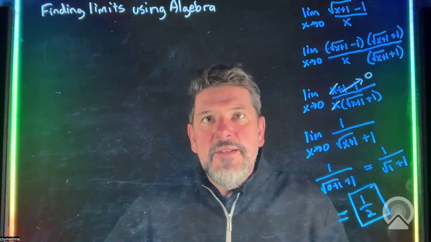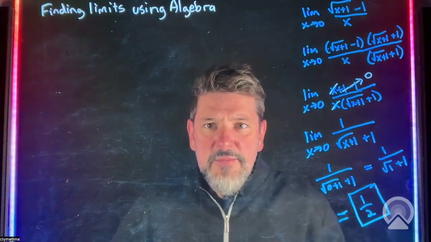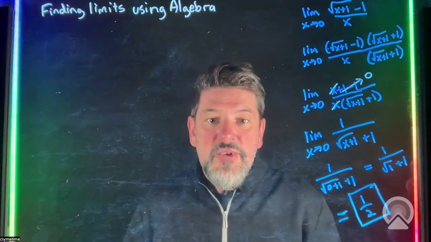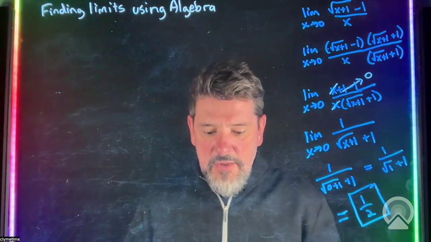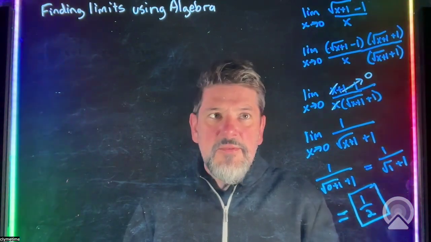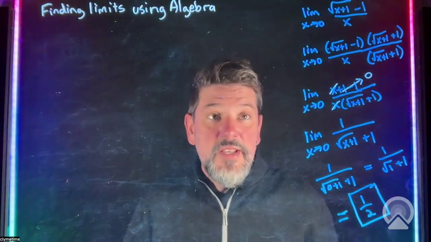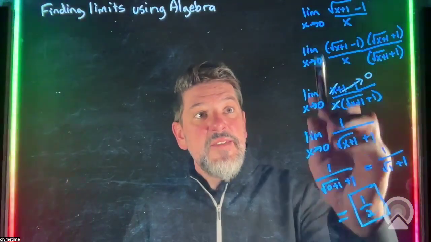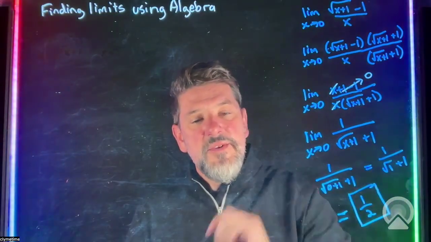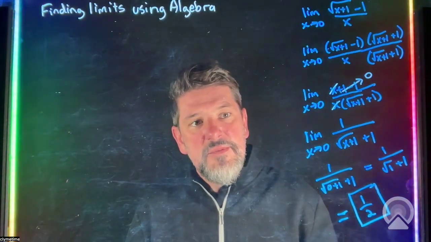So as a reminder, we can find a limit by plugging in directly, but if we get an undefined value or an indeterminate, which is also another type of undefined value, then we can try to reduce and then plug in. And after reducing and plugging in, if that works, then that is what the limit will be.